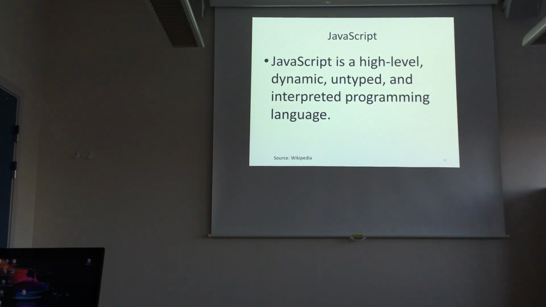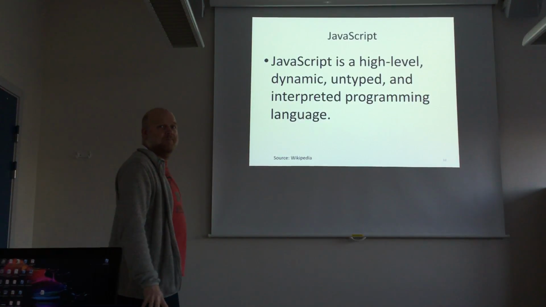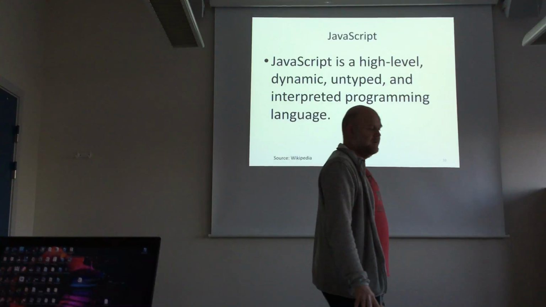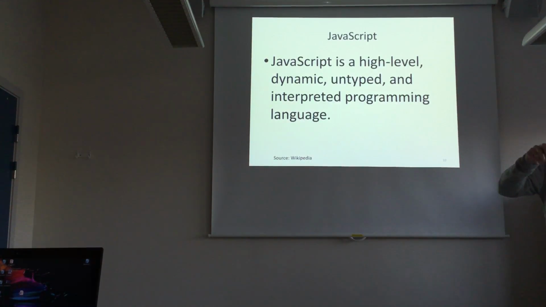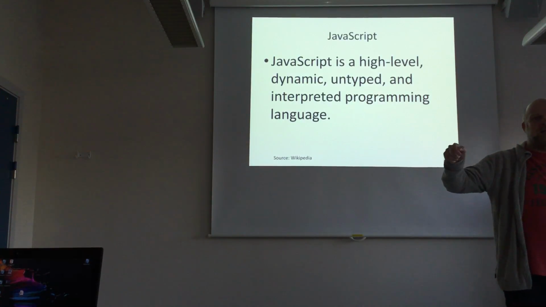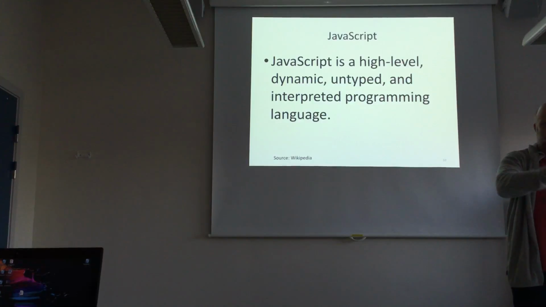Yeah? Untyped means it's not typed. We don't deal with ints, strings when you declare variables. Yeah. So does it mean it doesn't have types, or does it mean that we do not need to declare types? We do not need to declare types. Okay, so we have types.